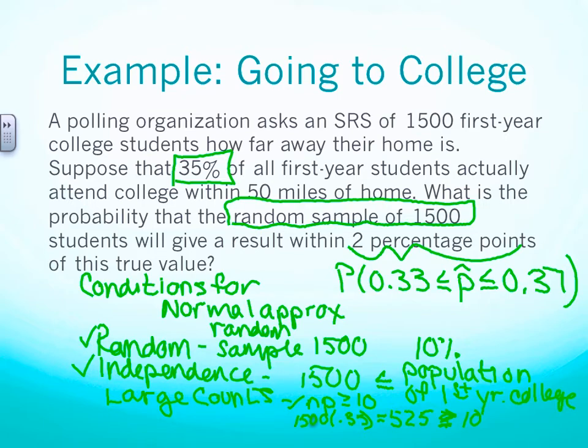Now take a look at your fails. Make sure your fails are at least 10 as well. We have 1,500 times 0.65, which is your fail. That's 975, which is definitely greater than or equal to 10. So you're good on your fails as well. All of our conditions are met, and so we will be able to use a normal approximation, or a normal distribution.